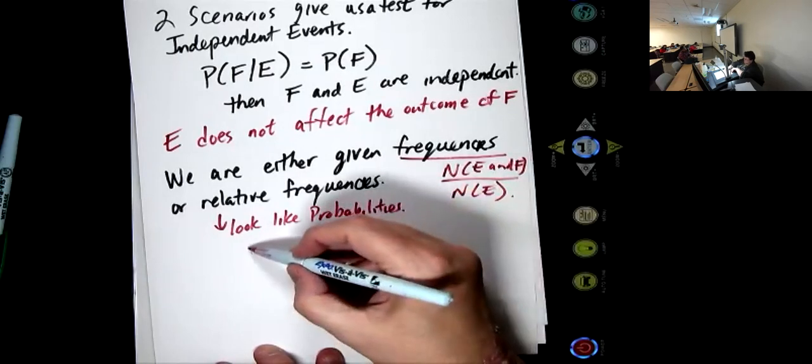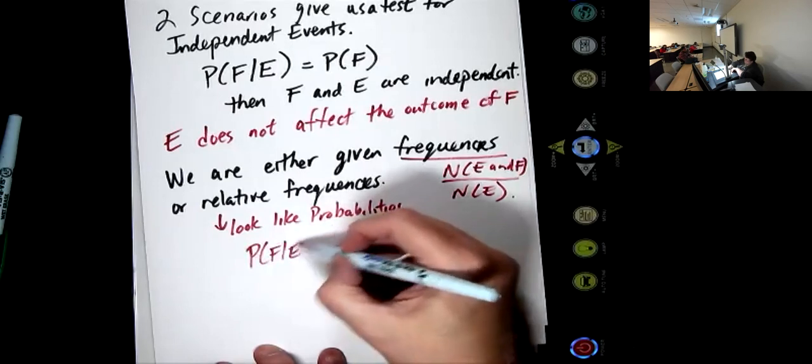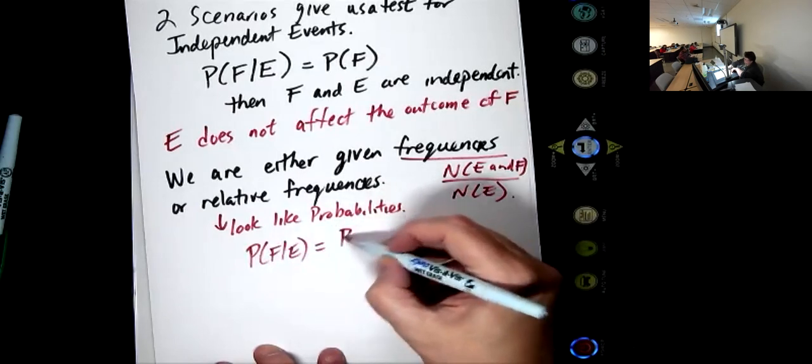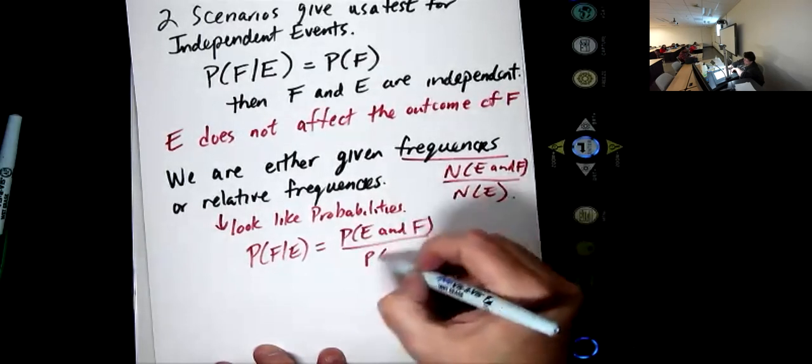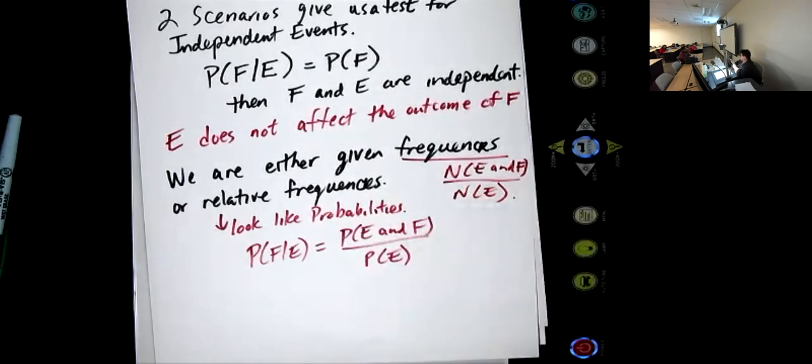So here we'll do the probability of F given E is equal to the probability of E and F over the probability of E. We're going to do an example of each so you can follow what I'm talking about, but that's really where we're starting.